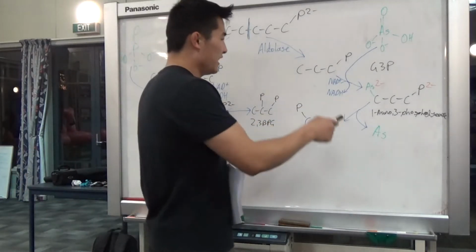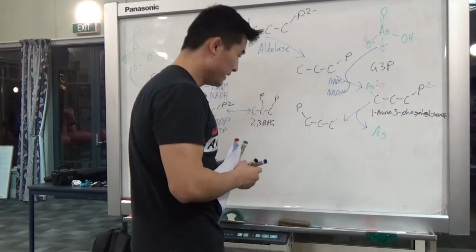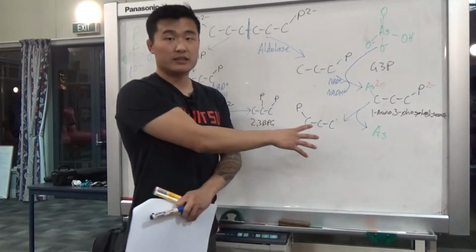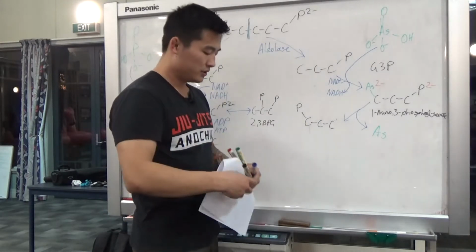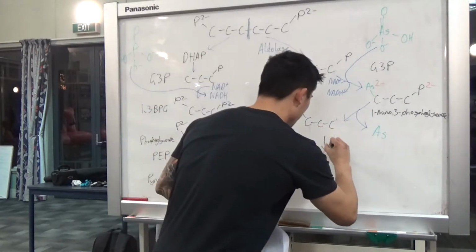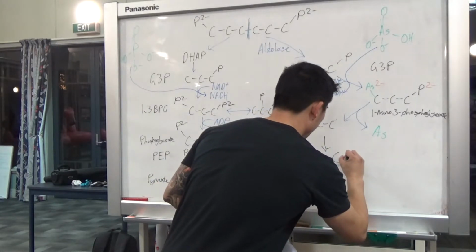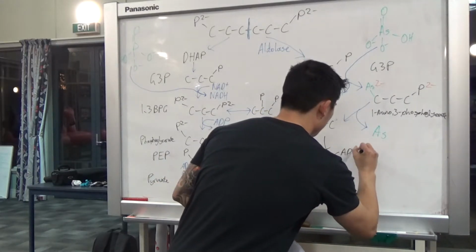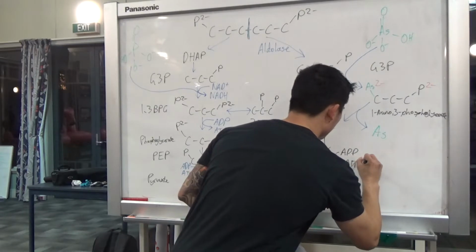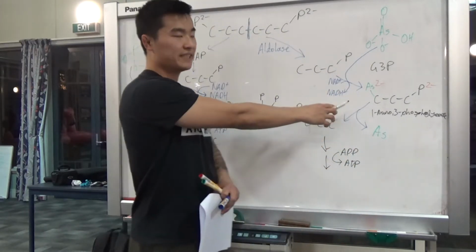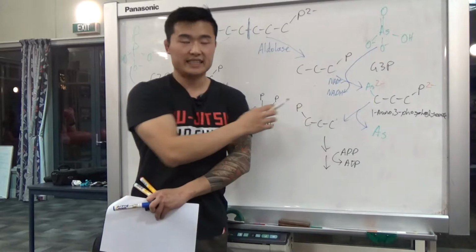Okay, so then if you go down this pathway, you're only going to make one ATP, because you've missed one of your chances to make ATP.